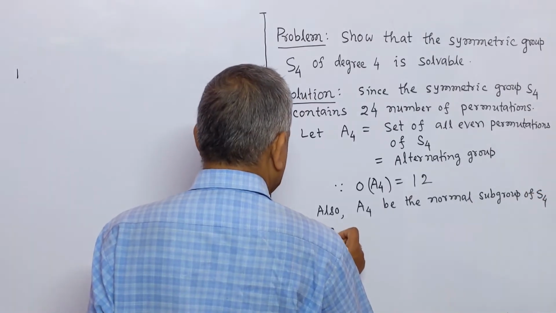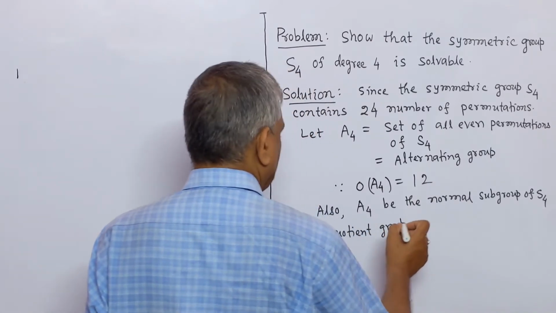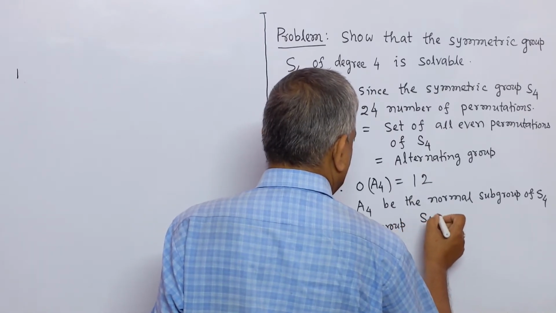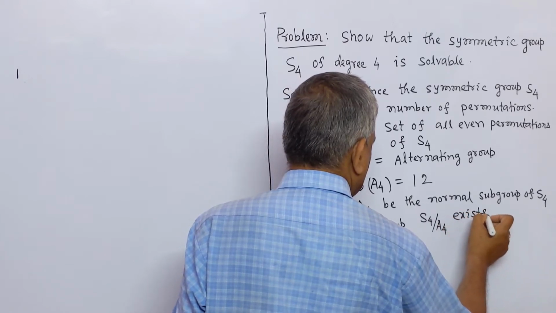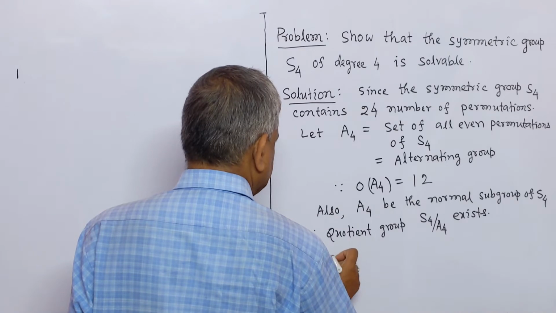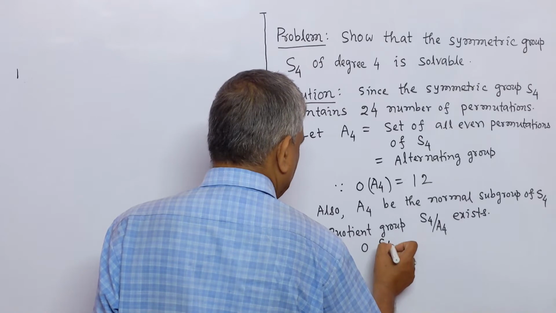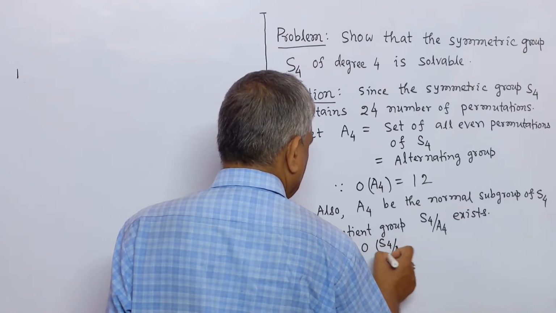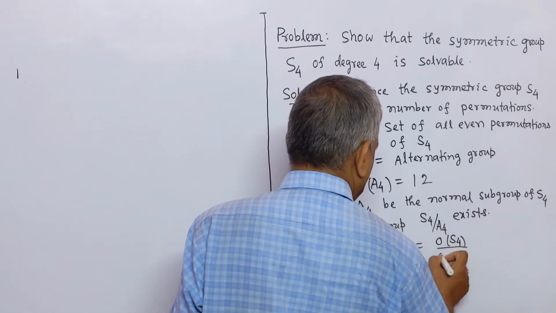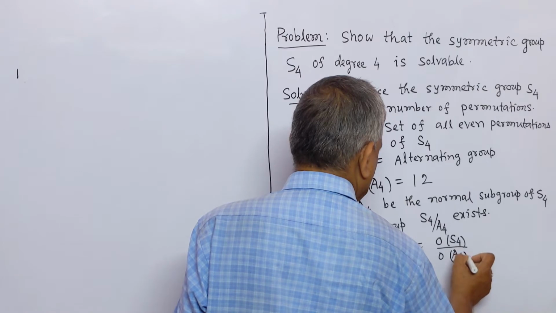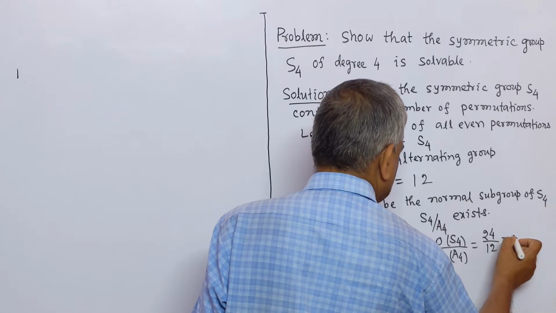Therefore, the quotient group S4 by A4 exists. Now, the order of the quotient group S4 by A4 equals the order of S4 divided by the order of A4, which equals 24 by 12, equal to 2.